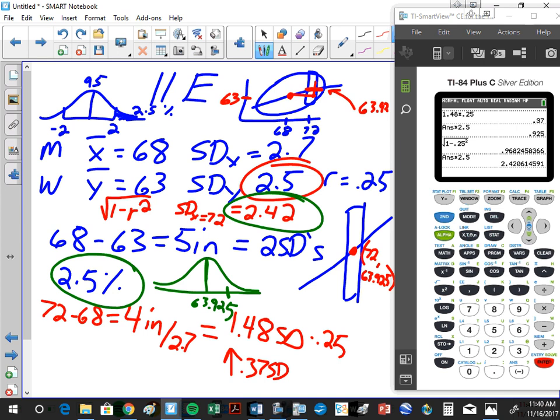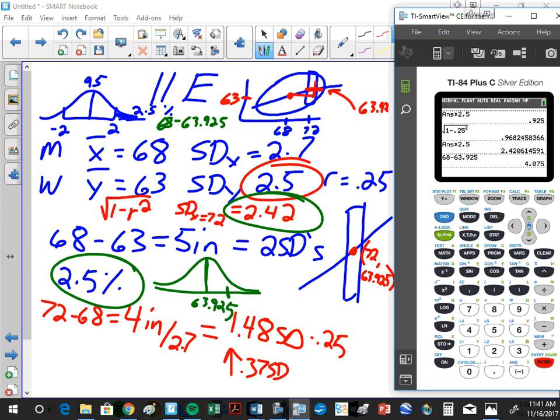68 inches. So 68 minus 63.925 is 4 inches.